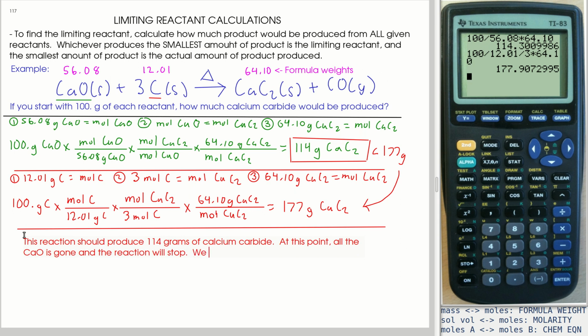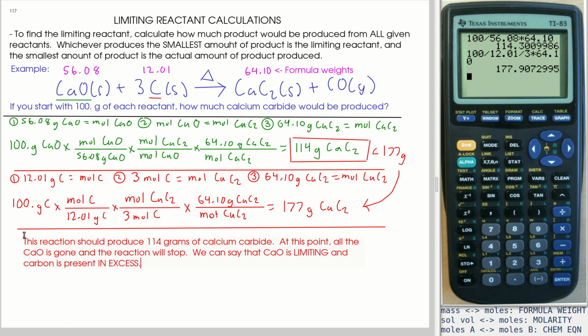If we want to, we can say that calcium oxide is limiting and carbon is present in excess.